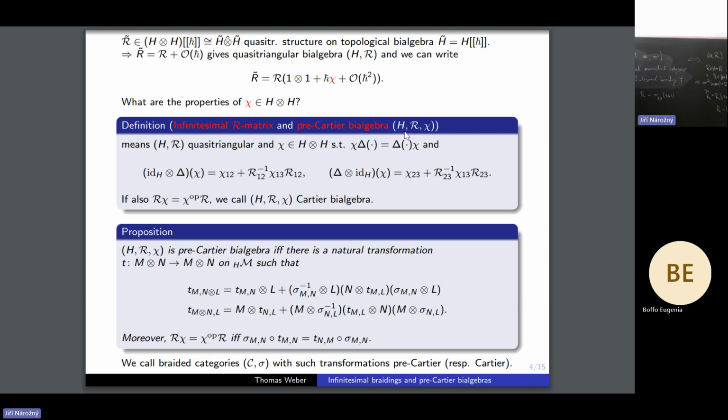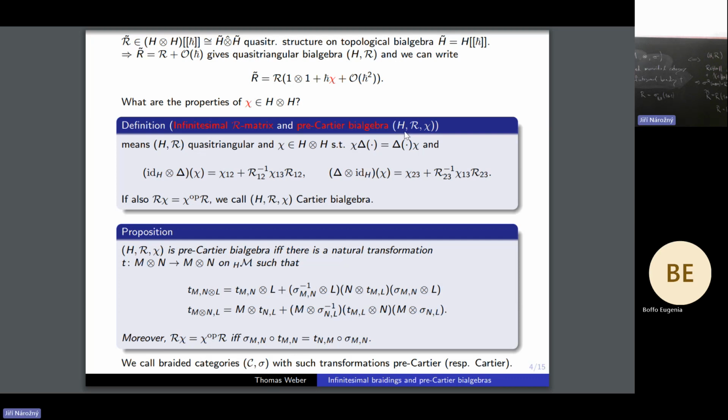So this will start with 1 tensor 1 plus something plus higher orders. And what you have in first order, you simply read the axioms of R tilde, and this will give you the definition of what an infinitesimal R matrix is. So this is how we found this definition.